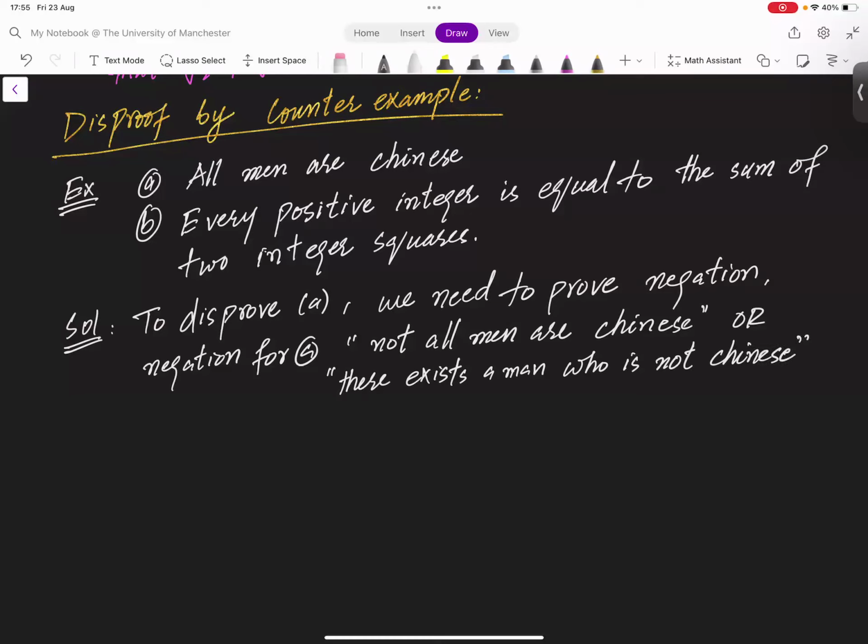And these two statements are the negation of statement A. This can be done by just identifying one man who is not Chinese, and this man will then be a counterexample to statement A.